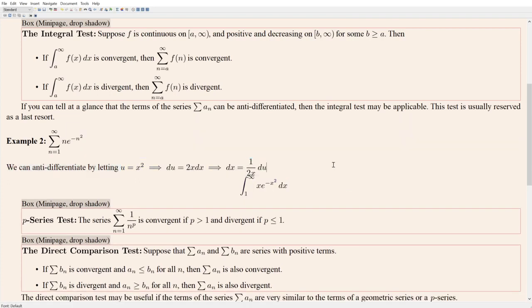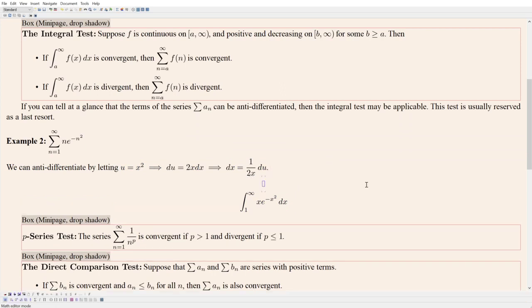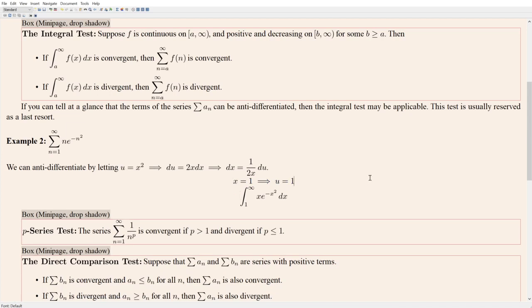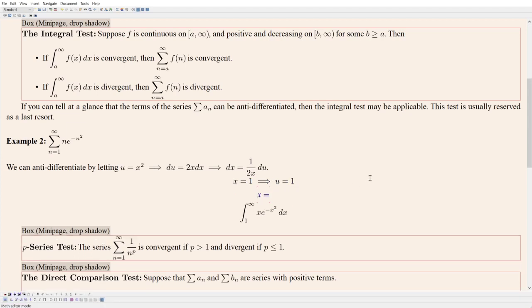We should also be careful to accommodate the bounds. So when x is equal to 1, u is equal to 1 squared, which is also 1. When x is equal to infinity, or rather in the limit as x goes to infinity, u is x squared, so that's also infinity.